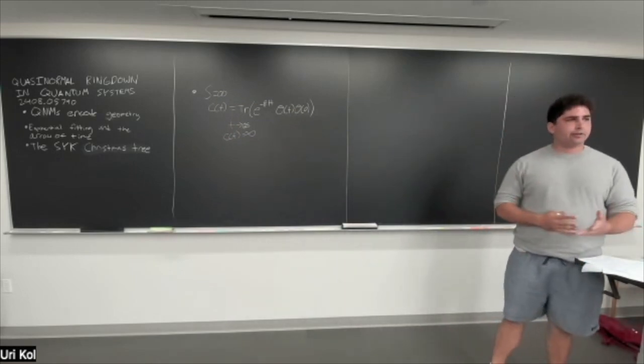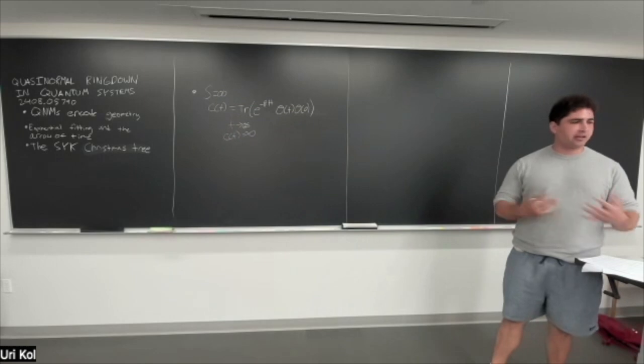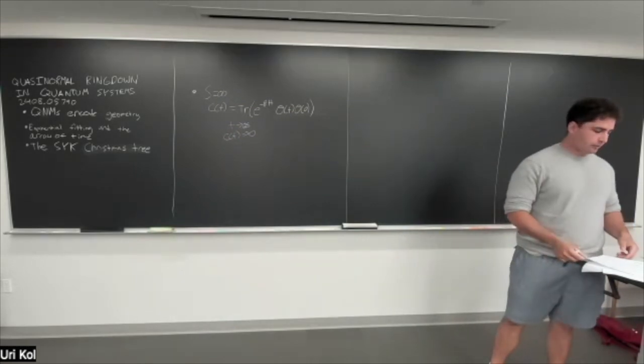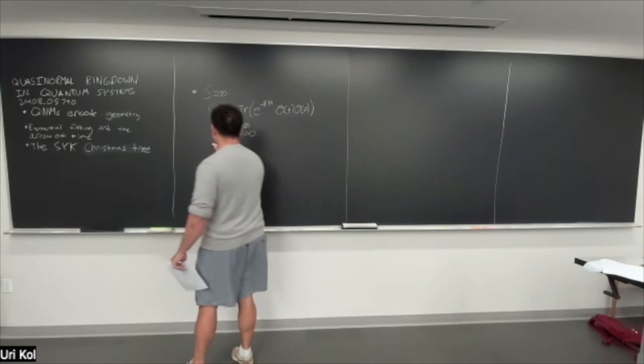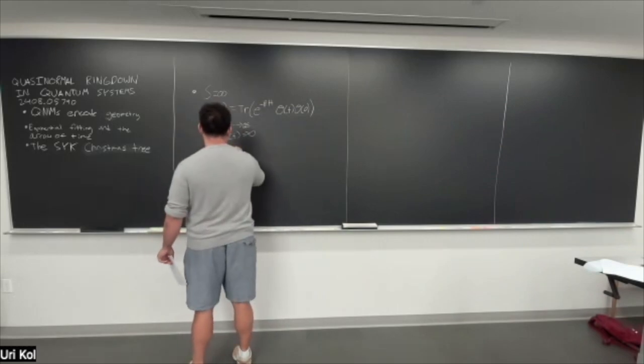Is it exponential? Is it power law? Is it exponential times the power law? Is it something much more complicated? And one very simple option is that it's just a sum of exponentials.